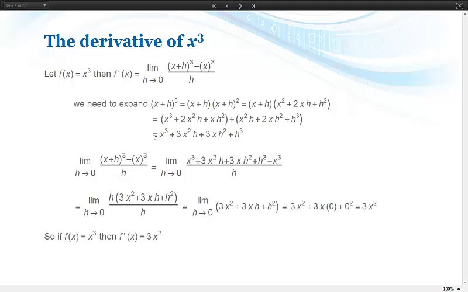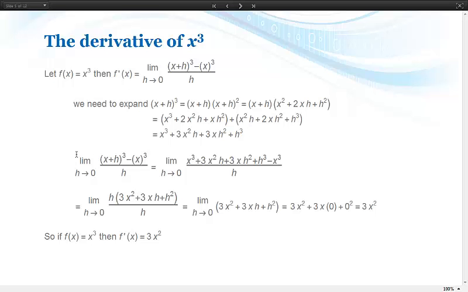So x plus h cubed is x cubed plus 3x squared h. One of them is here, the other one's over here, plus 3x h squared. One of them is here, and the other one is there, and finally h cubed. So now I can use this in my limit definition.